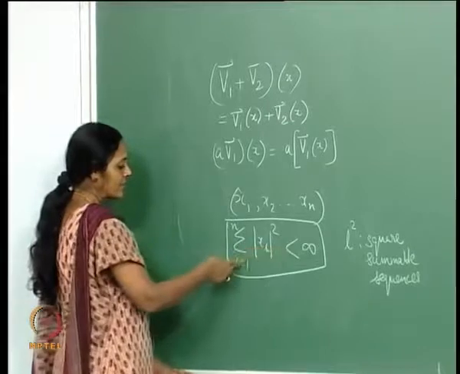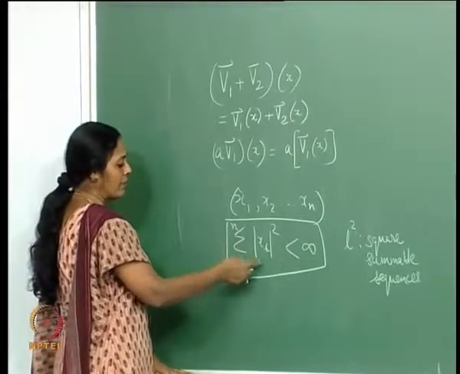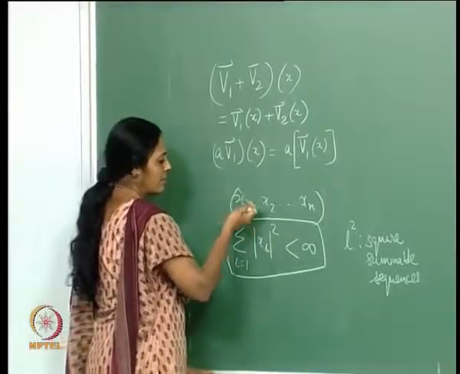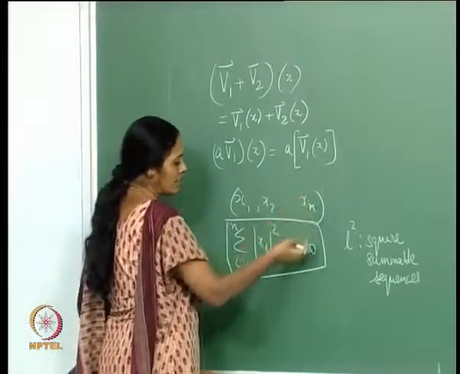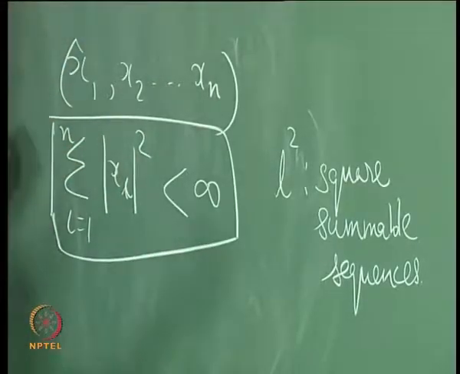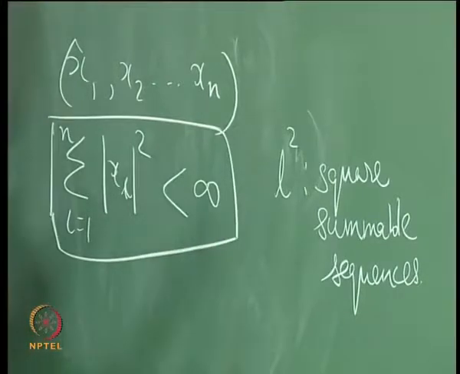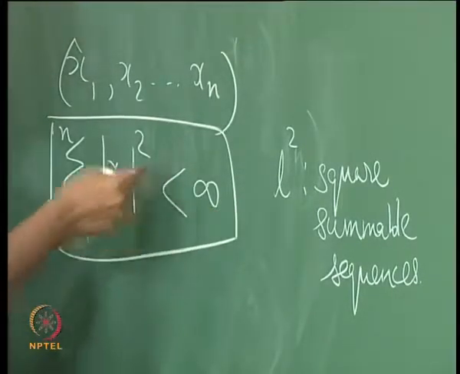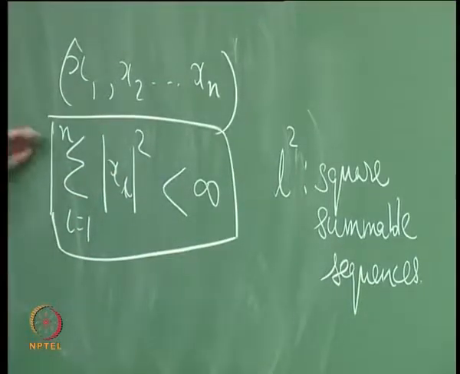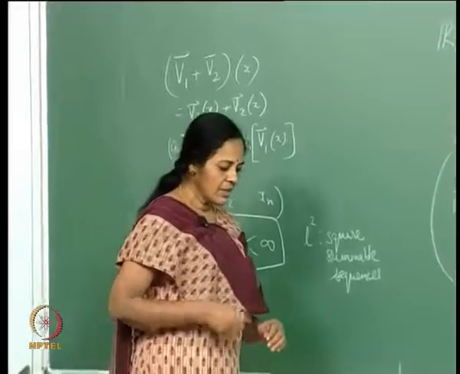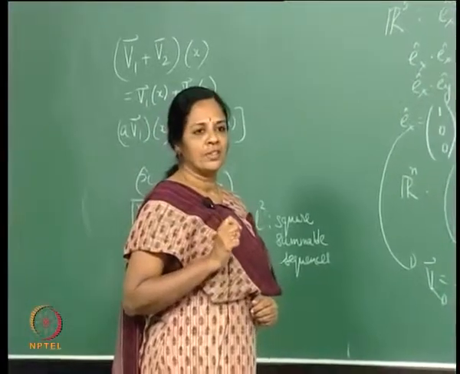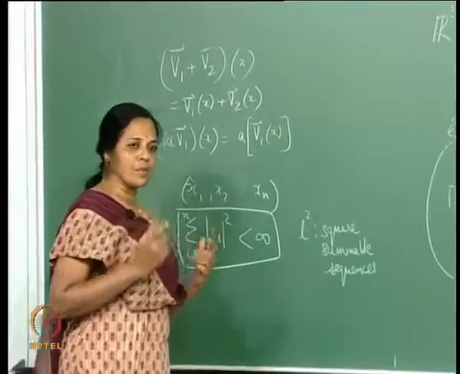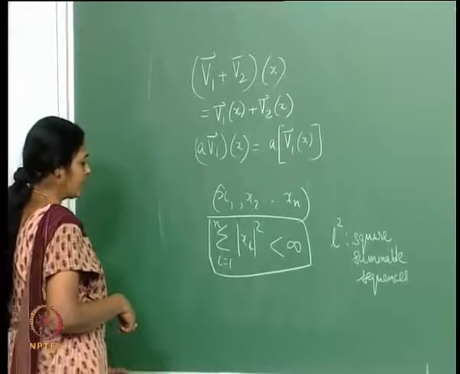The fact that the summation i equals 1 to n, mod xi squared, where these are the various components along the various directions in the linear vector space, if you wish, crudely speaking, is finite, is an important input into the probabilistic interpretation of quantum physics itself.